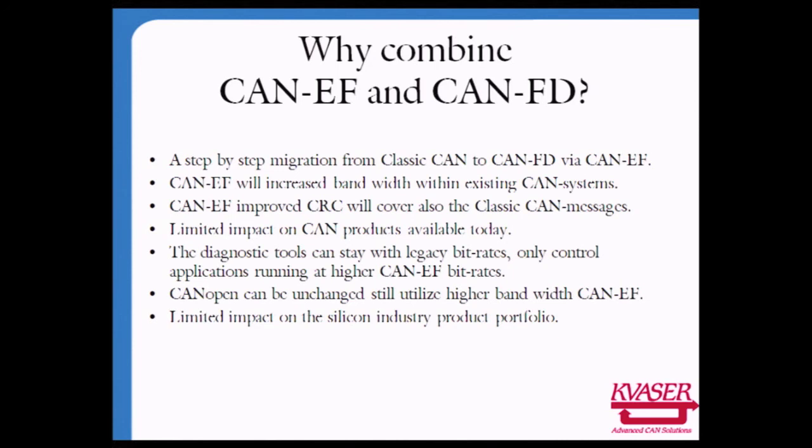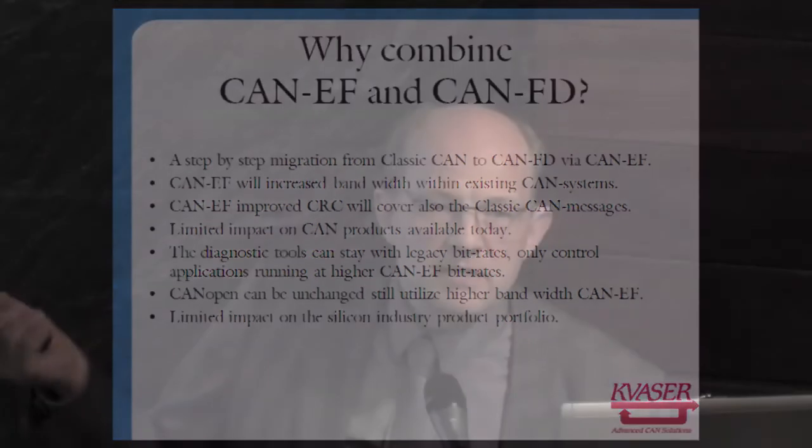And also we have utilized the same type of CRC, or a similar CRC calculation, as in CAN FD to protect the data better than it was before in CAN. So we see CAN EF as a tool to make it easier to transfer to CAN FD.